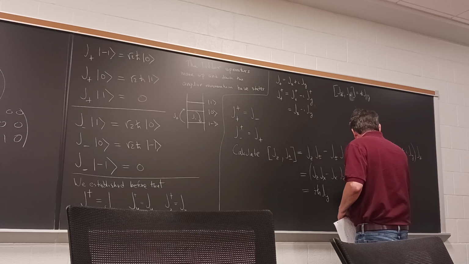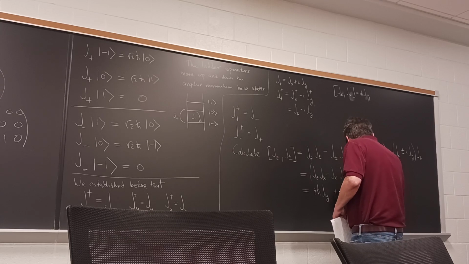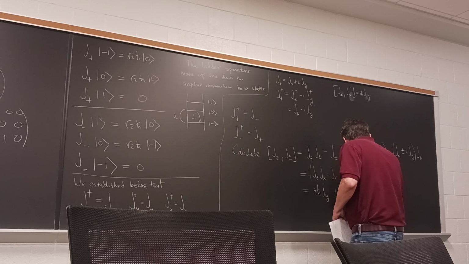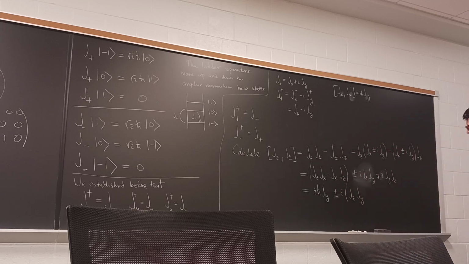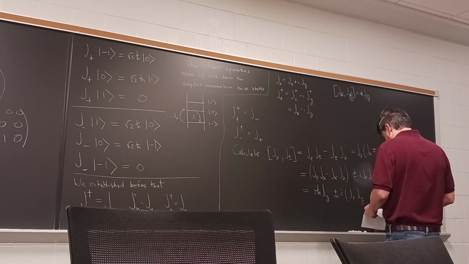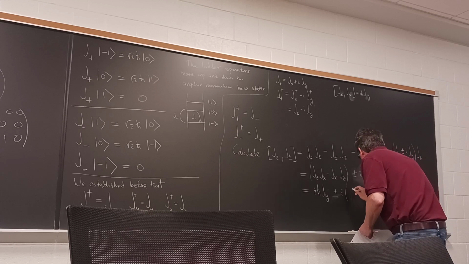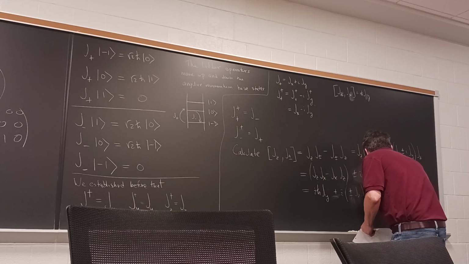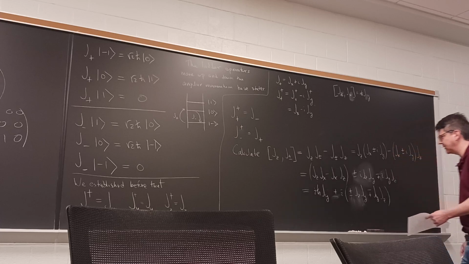And then we have, we can pull out plus or minus i, and then we'll have Jz, Jy minus, let's pull out the plus i, and then we'll have plus minus Jz, Jy minus plus Jy, Jz.